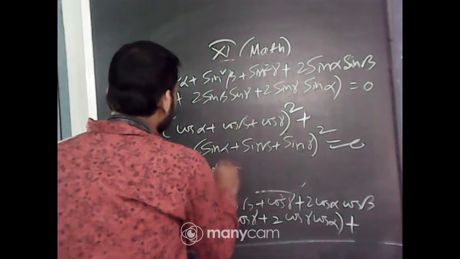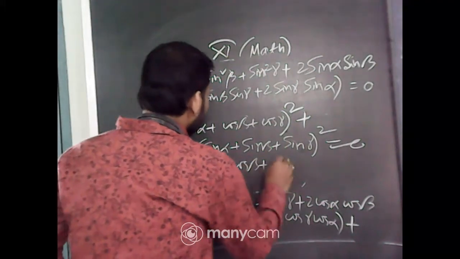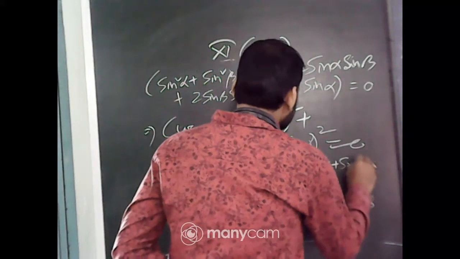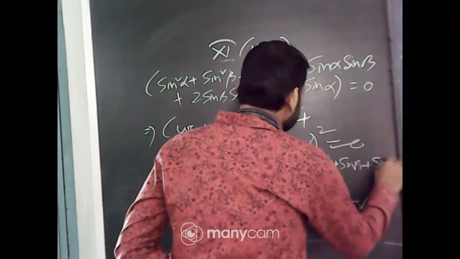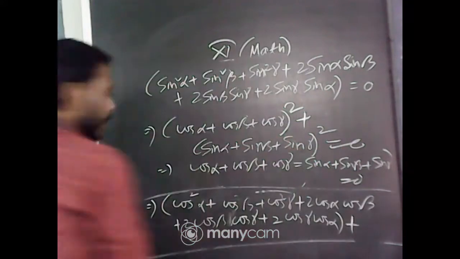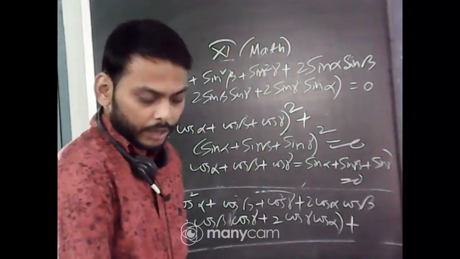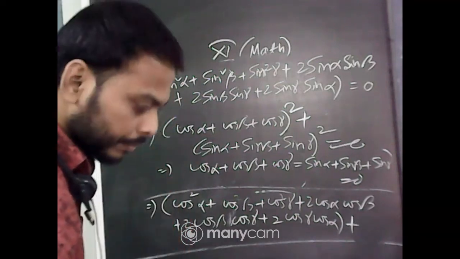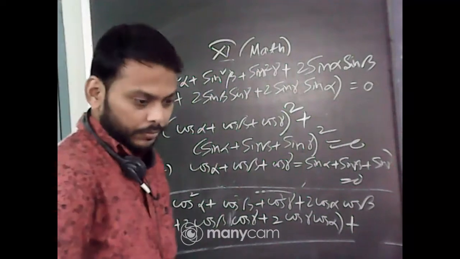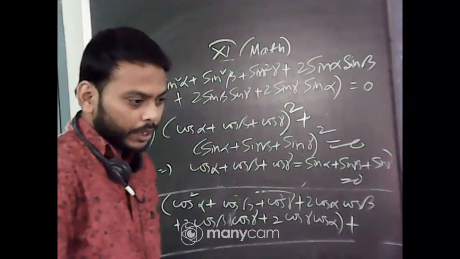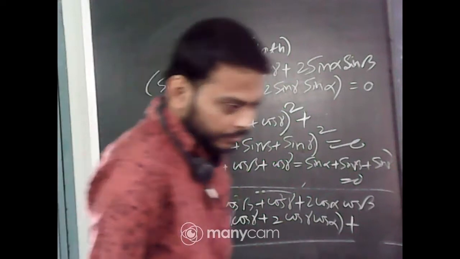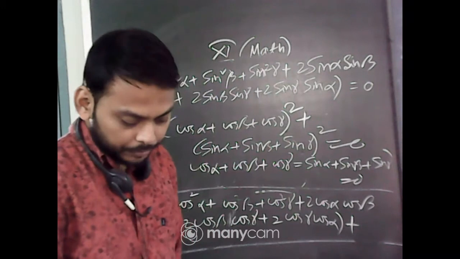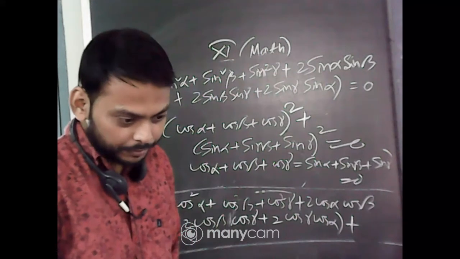So cos alpha plus cos beta plus cos gamma equals sin alpha plus sin beta plus sin gamma equals 0. Isn't it? Respond to me. I am waiting. Please respond, students.